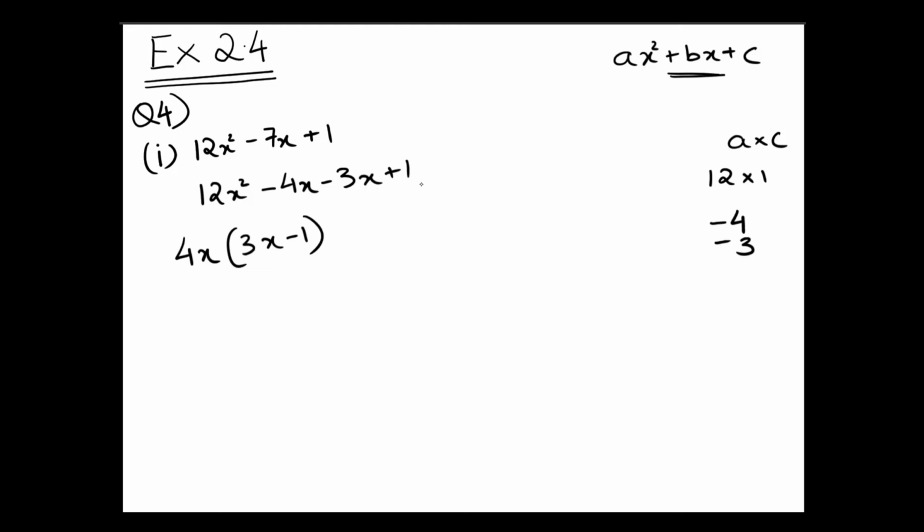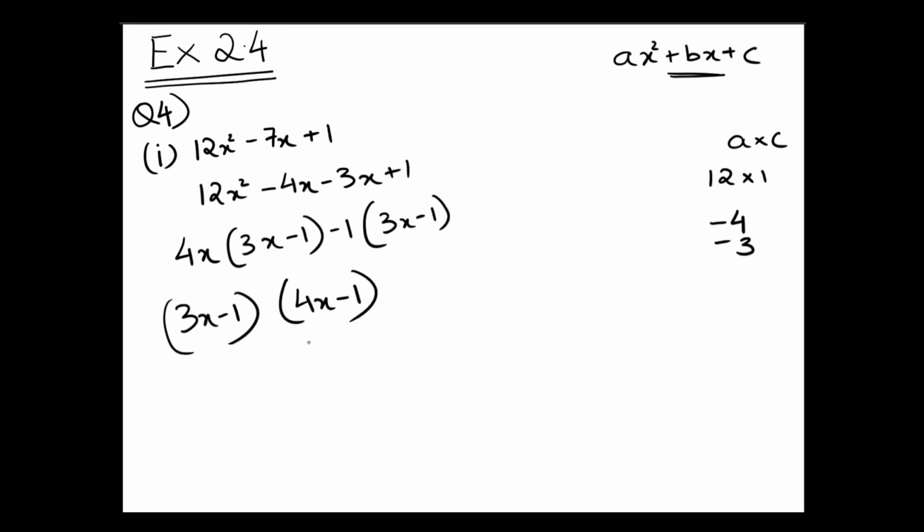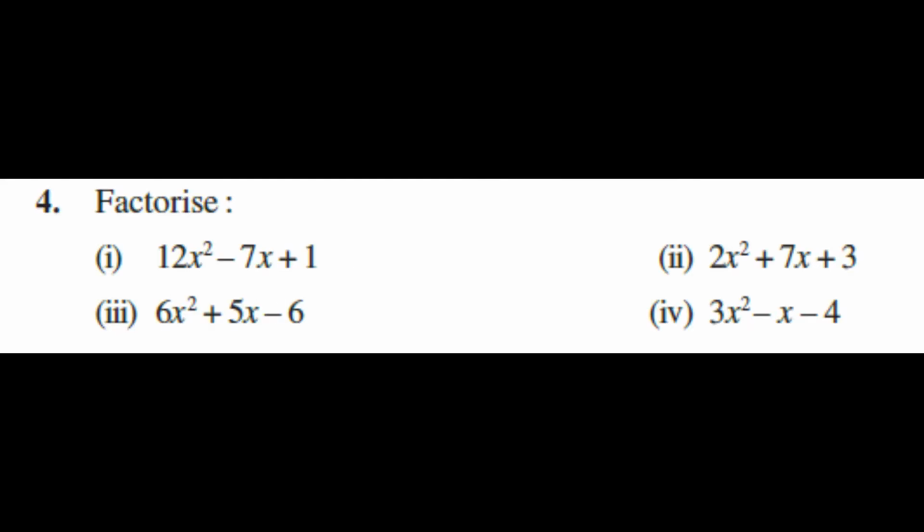In the third and fourth terms, I will take minus 1 common and be left with 3x minus 1. Again, taking 3x minus 1 common from this equation, I get 3x minus 1 into 4x minus 1, and we have factorized this polynomial thus.